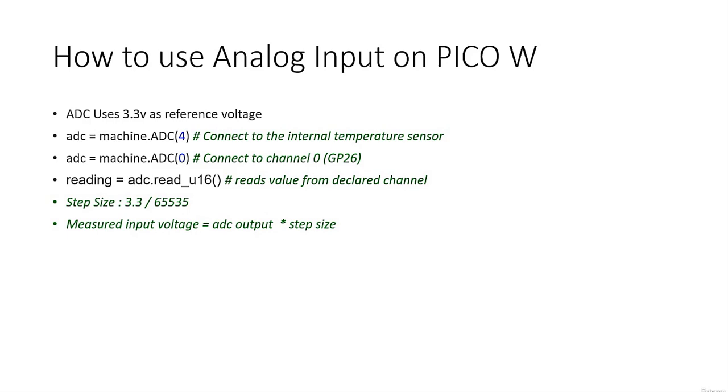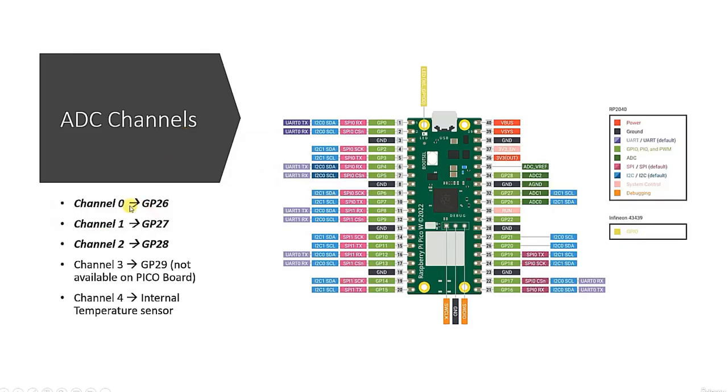All you need to do is initialize ADC like this: adc = machine.ADC. Needless to mention that you need to import machine. And here you simply give the ADC channel number 0, 1, 2, 3, 4. As said, 3 is not available and 4 is given to the internal temperature sensor.